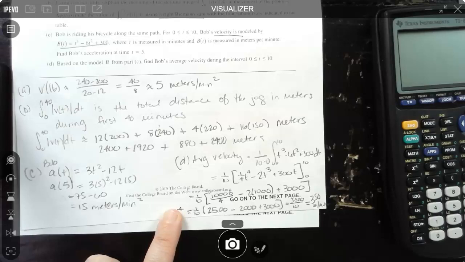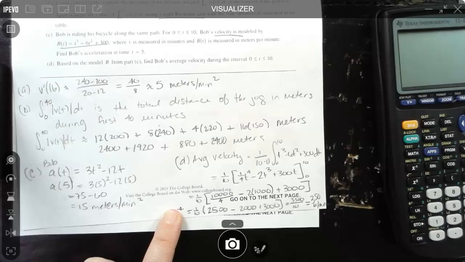You don't remember doing this? Anytime it asks you for average value of something, it's always 1 over b minus a times the integral from a to b. What?